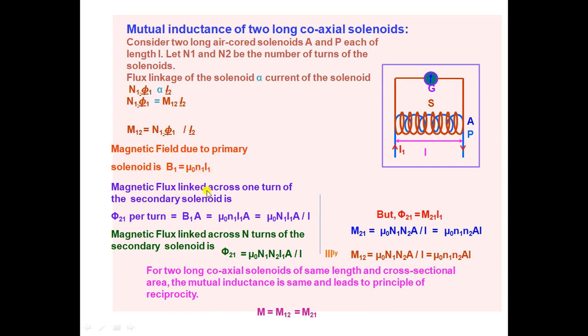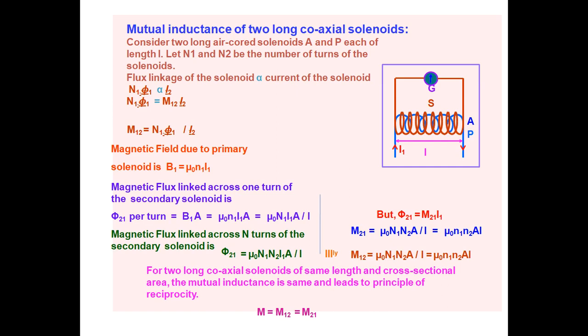Therefore, the magnetic flux linked across the turns of the solenoid is phi 21 per turn, for each turn. We'll find that it is B1 into A, where B1 is the magnetic field of the solenoid and A is the area of the solenoid.